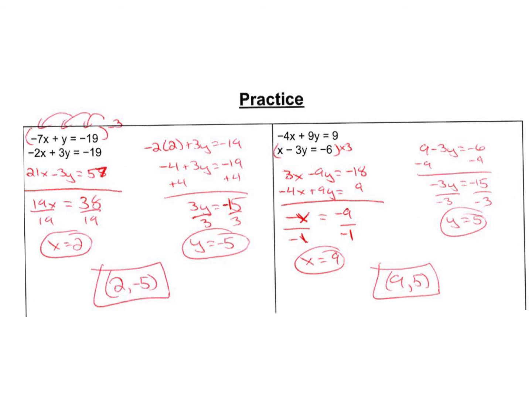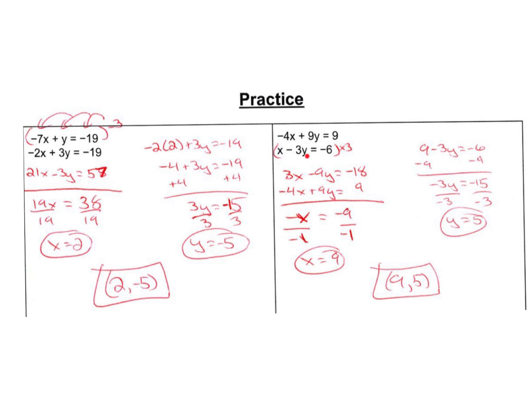Okay, in this first one, I chose to multiply by -3 because of 3 times -3. That'll allow the y's to cancel. And when you add everything else together, that'll allow us to solve for x, plug it back in, solve for y, and there's our answer.